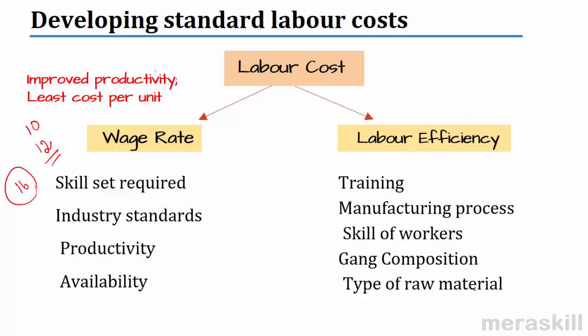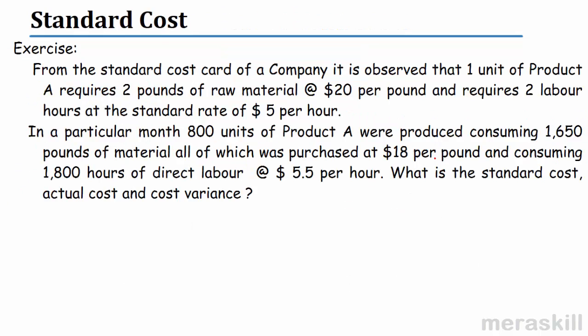It may also depend upon the raw material. Sometimes the quality, the texture of the raw material may also affect the productivity or the efficiency. So, for material cost, the two components are the price and the usage. Similarly, for labor cost, it is the wage rate and the labor efficiency.